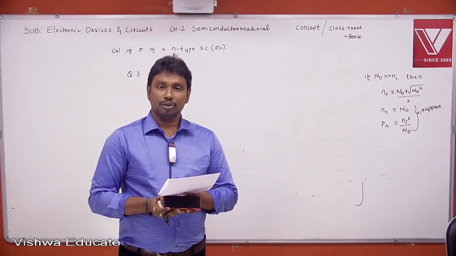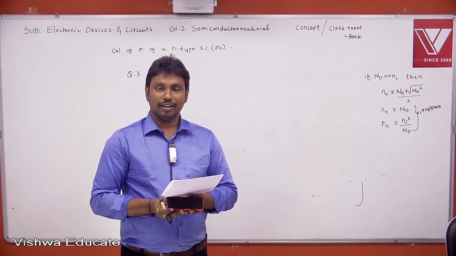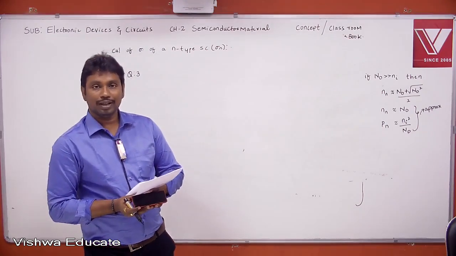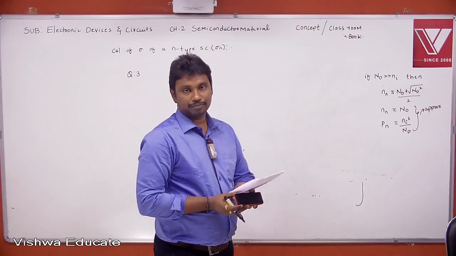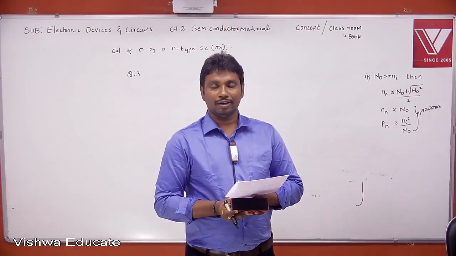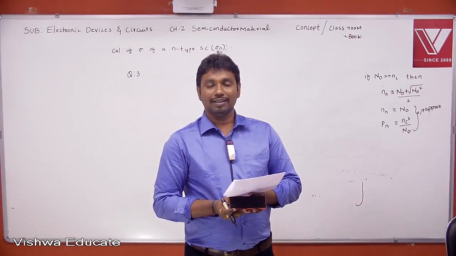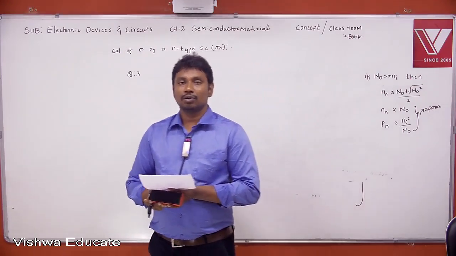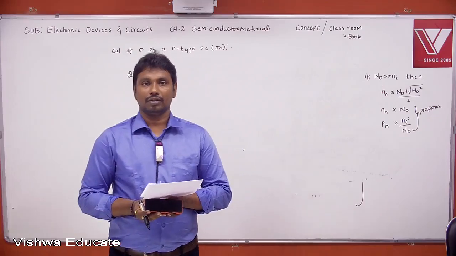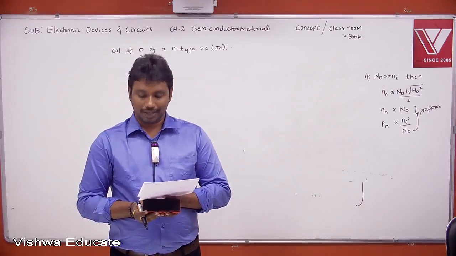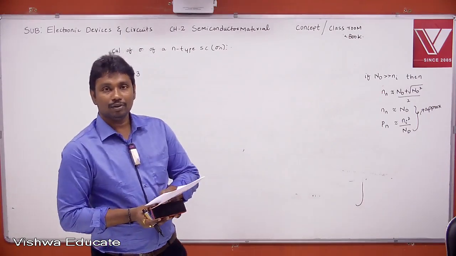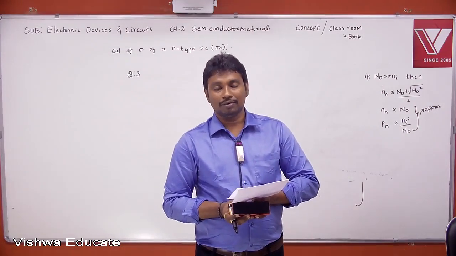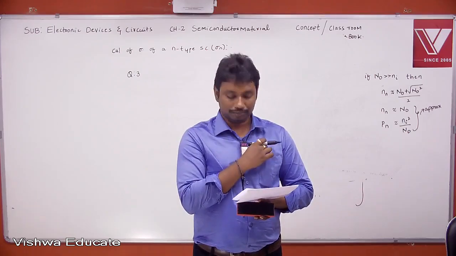If ni equal to 1.5 into 10 power 10 per centimeter cube, atomic density of silicon is 5 into 10 power 22 per centimeter cube.